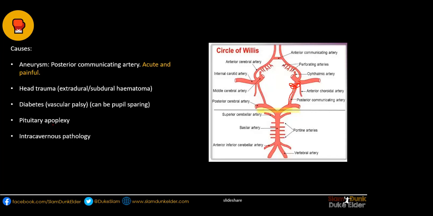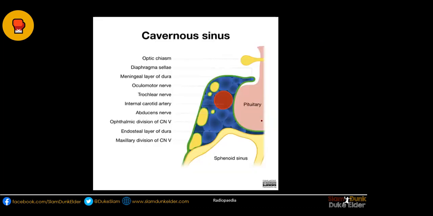Also pituitary apoplexy, that's a hemorrhagic infarction of the pituitary gland. If I take you through here, here we've got the pituitary gland. This is the cavernous sinus within the brain. If the pituitary gland has a hemorrhagic infarction, it can extend laterally and compress the oculomotor nerve.